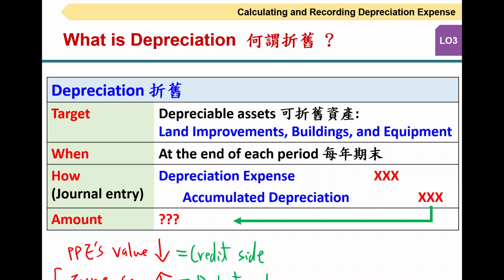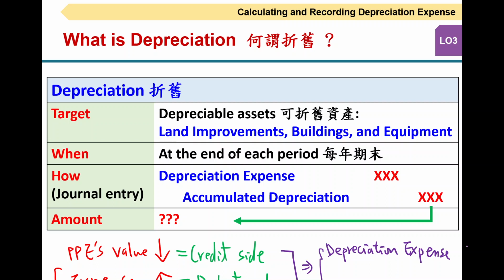Because of this, we are going to debit expense. Remember, this expense for PPE, which account we use? Depreciation expense, right? So we are going to debit depreciation expense.